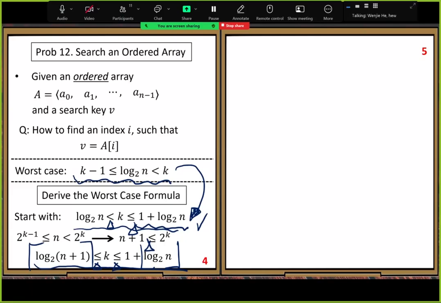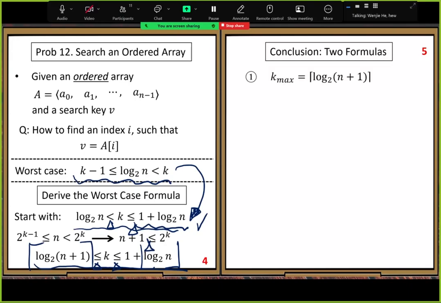Two different integer expressions. Conclusion, two formulas. Those two integer expressions give us two different formulas for the worst case of binary search. The first formula: k max, the maximum number of comparisons for binary search, that's the worst case, equals the ceiling function of log base 2 of n plus 1.